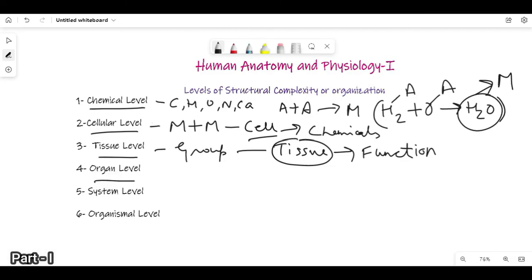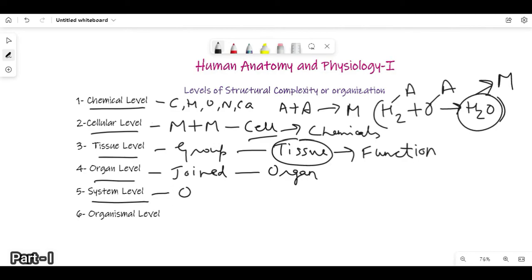The fourth one is the organ level. At the organ level, different types of tissue join together and form an organ.